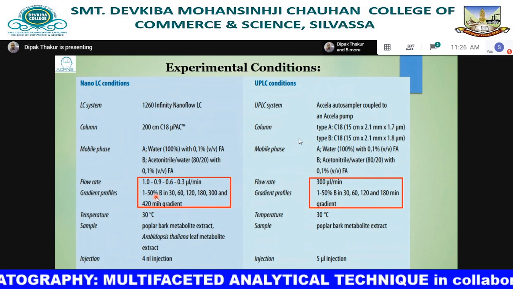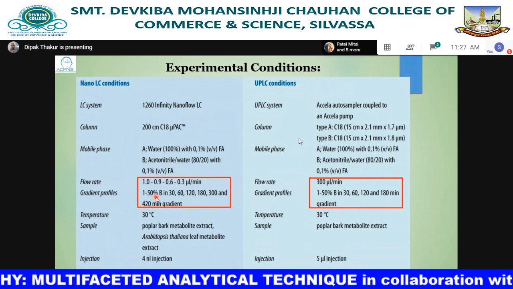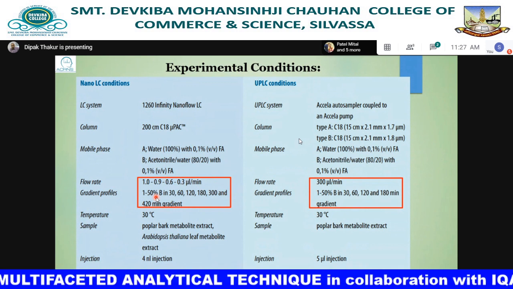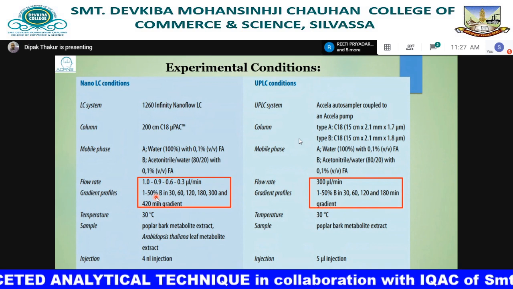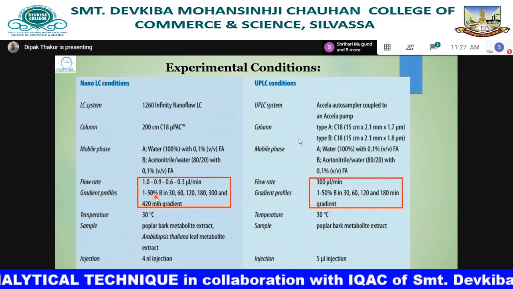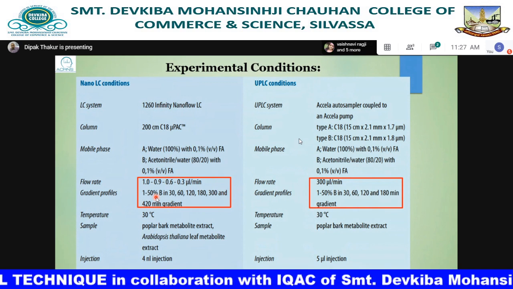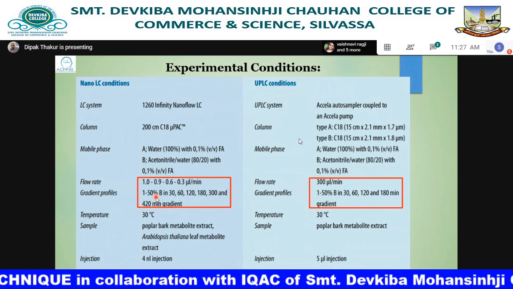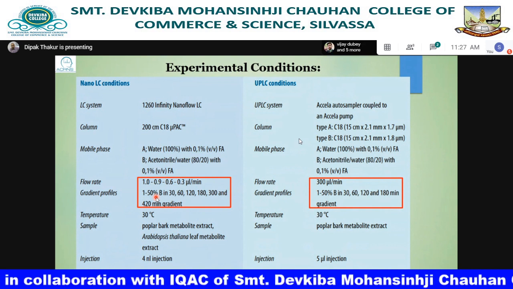Nano flow LC means the flow rate should be from 100 nanoliters or below to microliters. And here, as I mentioned yesterday, the micropack column is just a credit card size column, very thin.